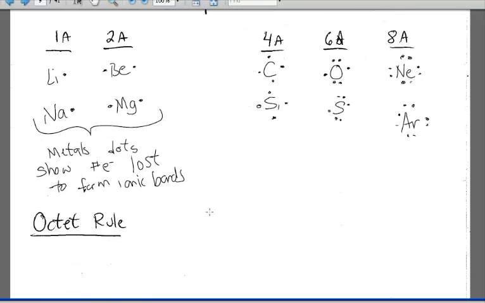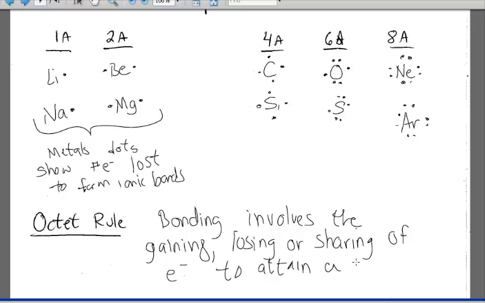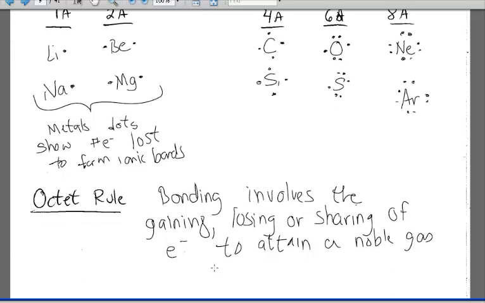The octet rule tells you that bonding involves the gaining, losing, or sharing of electrons to attain a noble gas configuration. In other words, 8 electrons, so that's why octet.